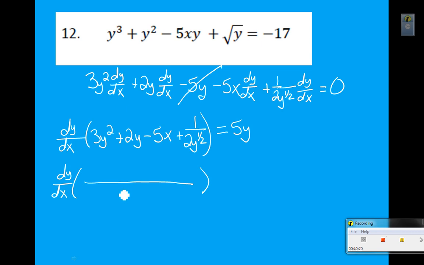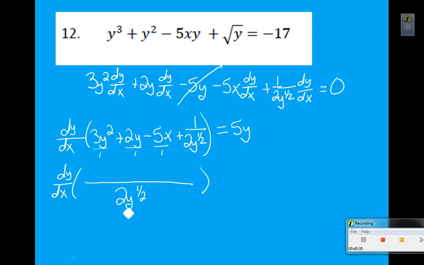My only denominator is 2y to the 1/2. These are all over 1. So to go from here to here, I need to multiply by 2y to the 1/2.